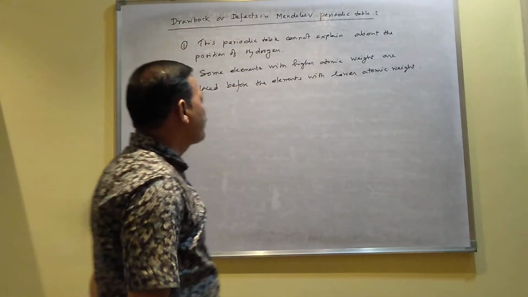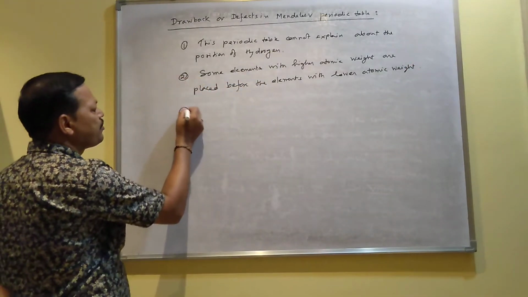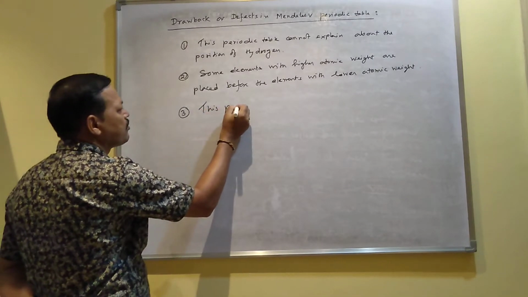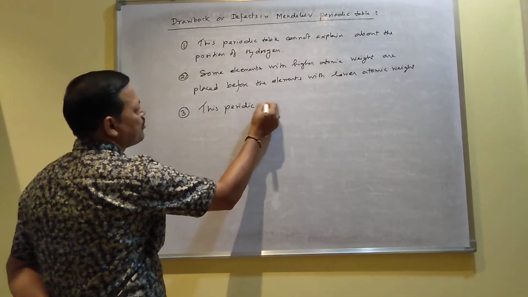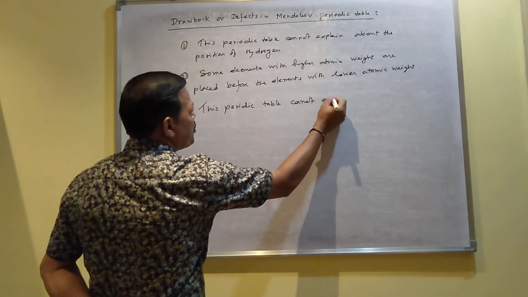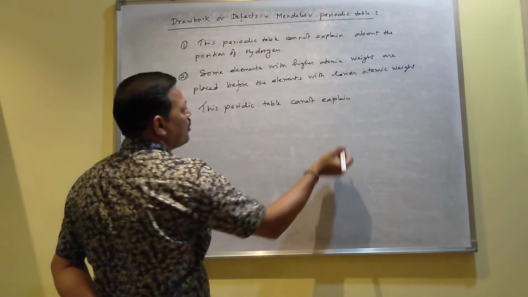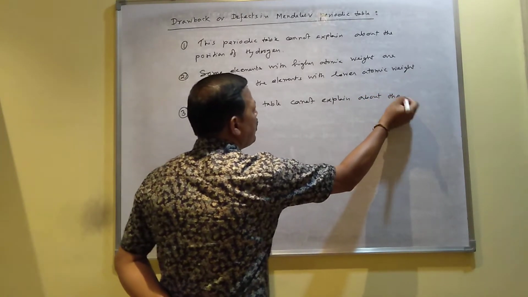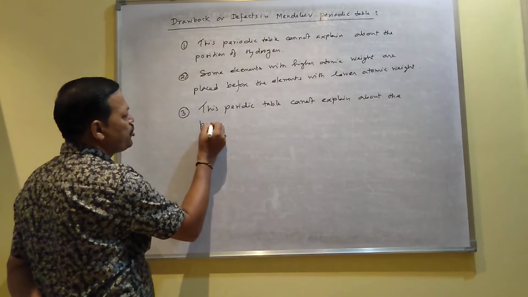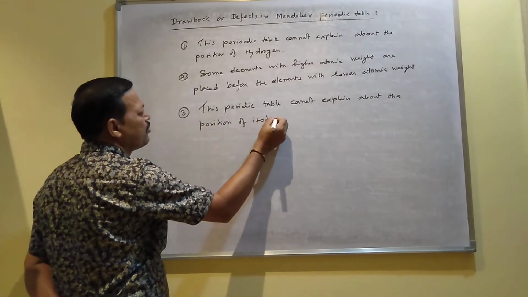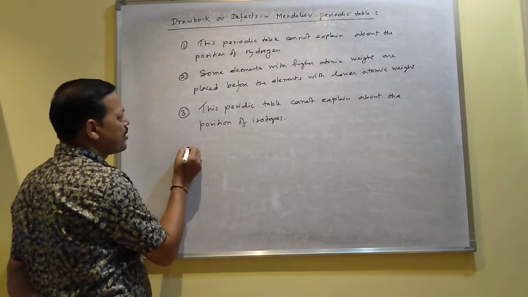This is one drawback. Number three, this periodic table cannot explain about the position of isotopes. These are the main drawbacks.